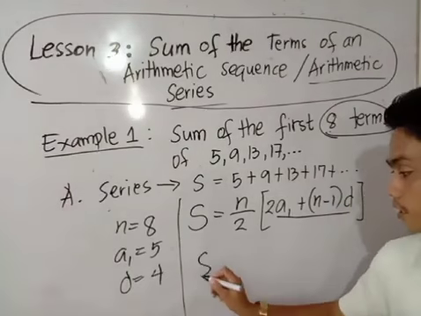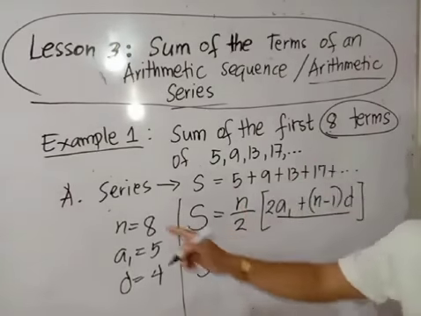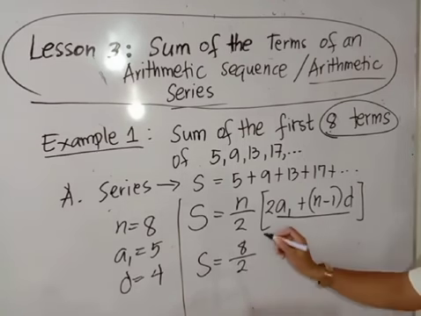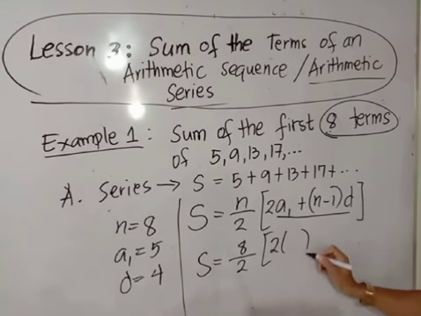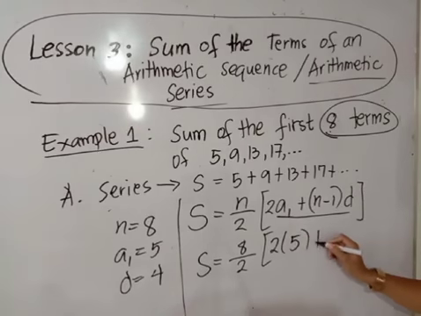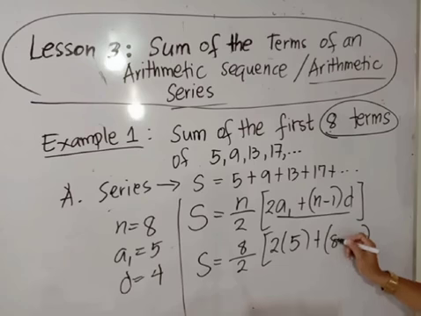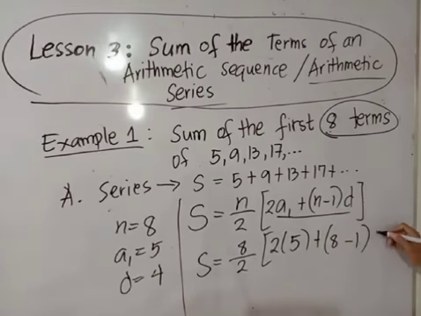By substitution, the sum is equal to n, the number of terms, 8, over 2, multiplied by 2 times a sub 1, which is 5, plus n, 8, minus 1, times the common difference of 4, then close brace.